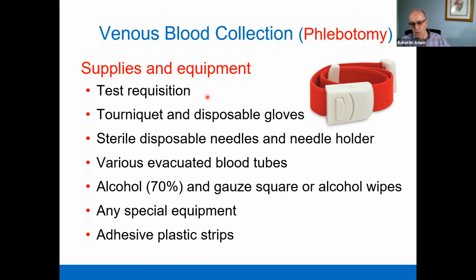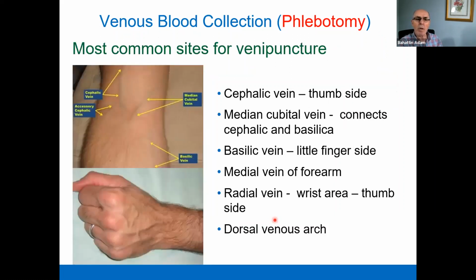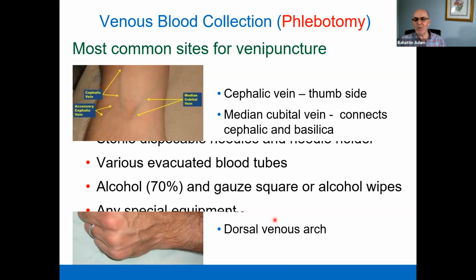Therefore you need the test requisition, tourniquet, sterile disposable needles, needle holder and test tubes, alcohol or betadine, and any special equipment or adhesive plastic strips that you may need for blood withdrawal. The most important step is to choose the correct site for withdrawal. There are a few options for that.